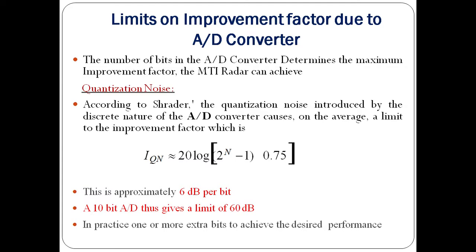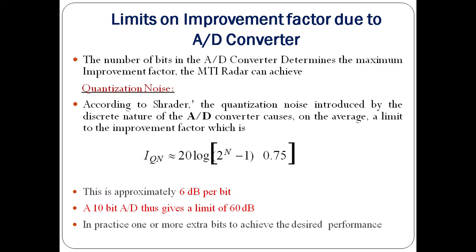If I increase the value of n, if I take 12 bits, will the improvement factor increase or reduce? As I rightly said, the number of bits in the A to D converter determines the maximum improvement factor the MTI radar can achieve.